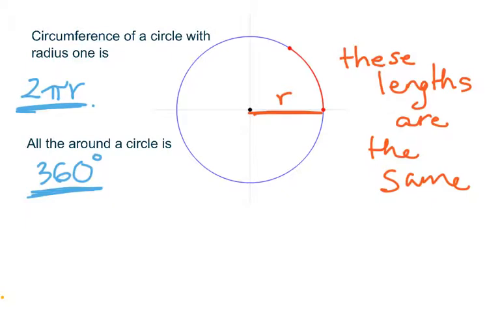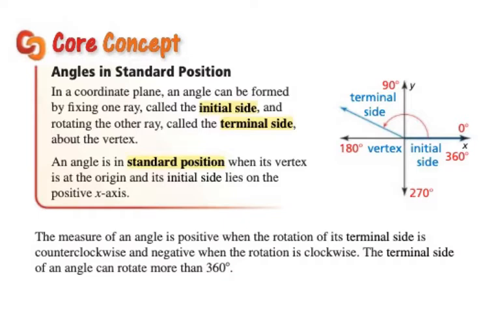So if we then go on to simply review what we already learned in the last video yesterday, remember in standard position, we have a unit circle where we've got 0 degrees, 90 degrees, this is the positive direction, 180, down to 270, and back to 360, quadrant 1, quadrant 2, quadrant 3, and quadrant 4.